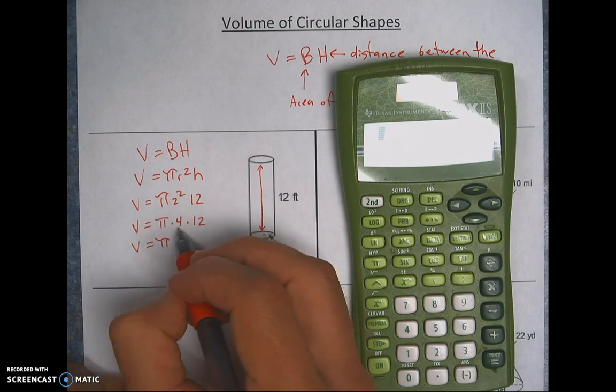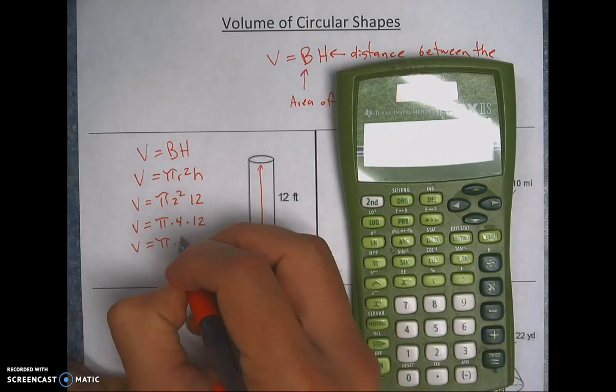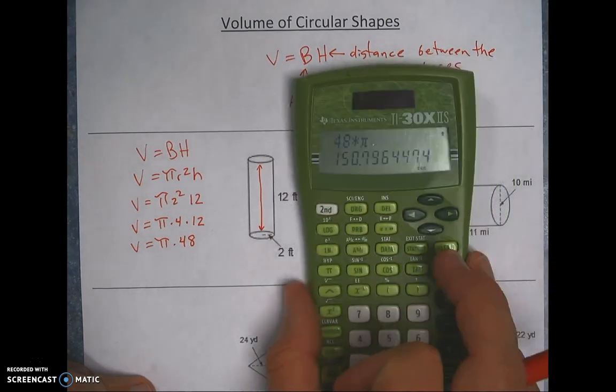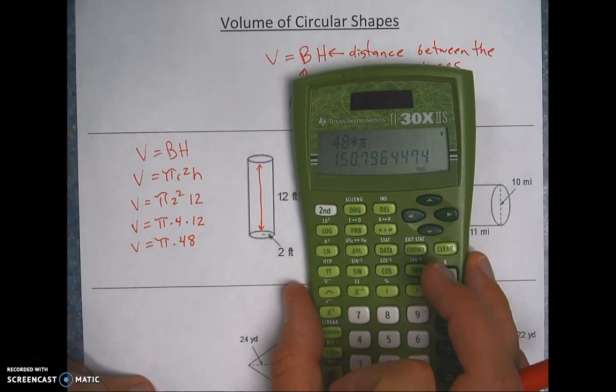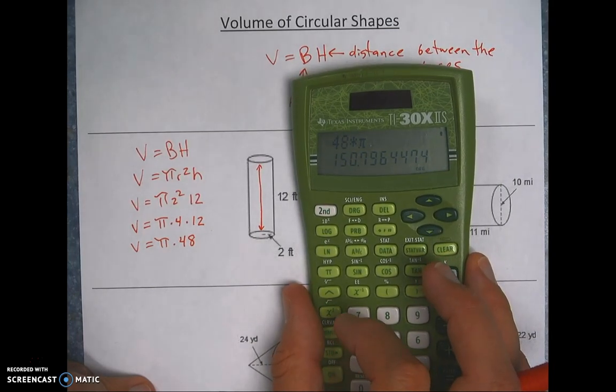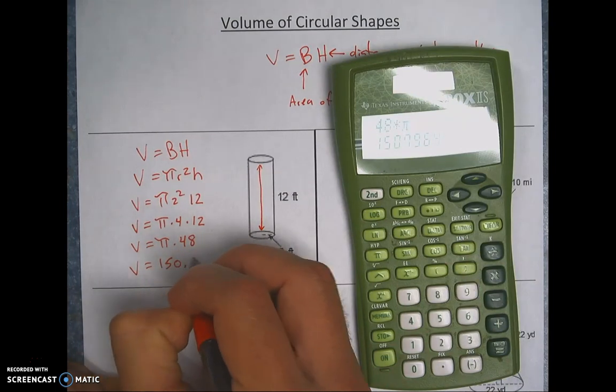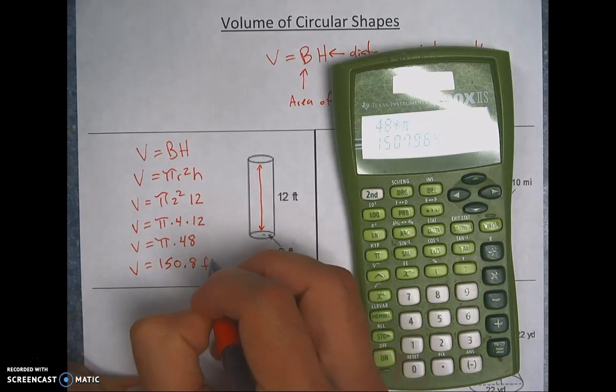Multiplication can be done in any order, so I'm going to do 4 times 12 and get 48. And then 48 times pi will give me a decimal that I need to round. We'll just do nearest tenth, because that's what we're used to, so 150.8. And we want some units. This is feet, and volume is always to the third power.